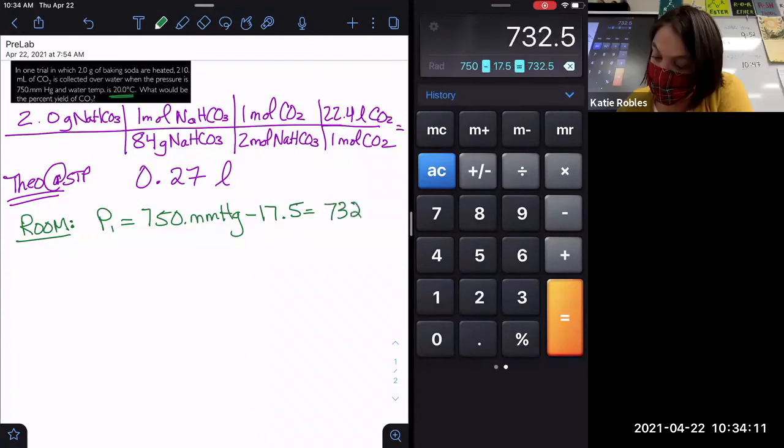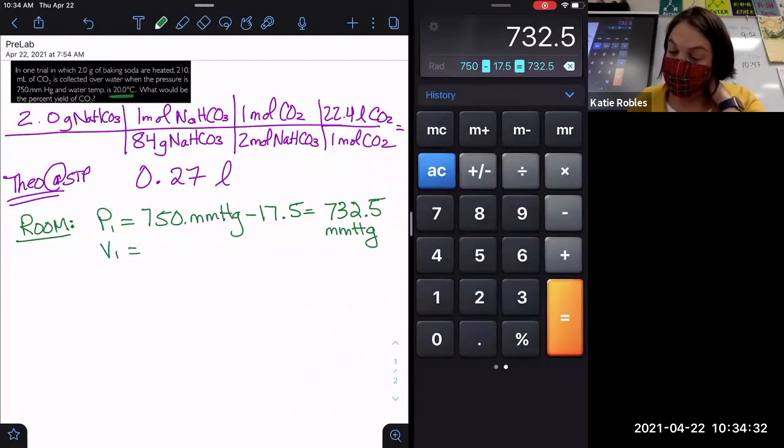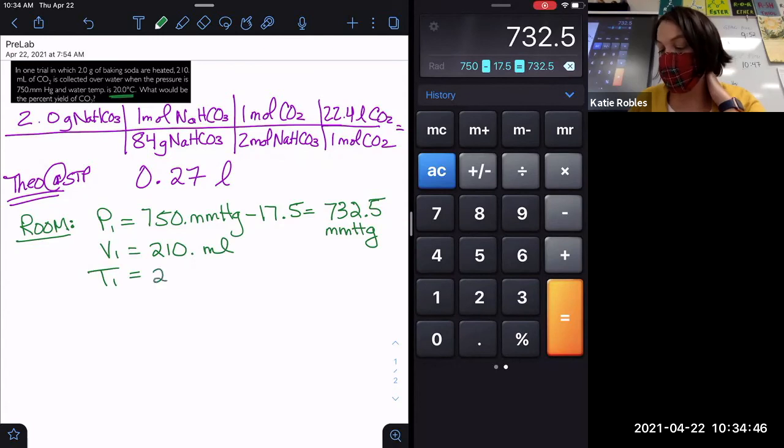Never do the labs at standard because standard temperature is 0, which is very cold. My volume is 210 milliliters, and my temperature is 20 degrees Celsius or 293 Kelvin. So that's at my room.